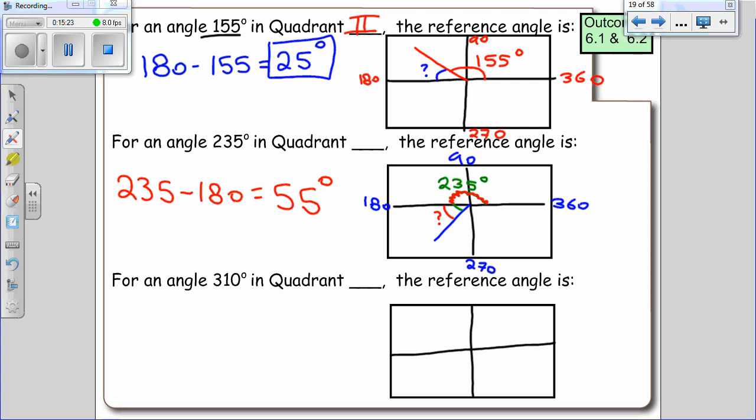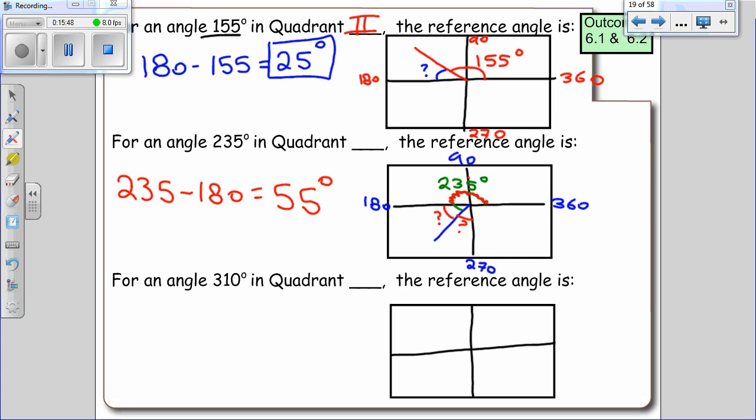I'm just going to show you a common error. If you went 270 minus 235, which a lot of people like to do on a test, 270 takes you all the way to this y-axis, and then subtracting 235 would leave you with this little chunk in here. That's not a reference angle because that's to the y-axis.